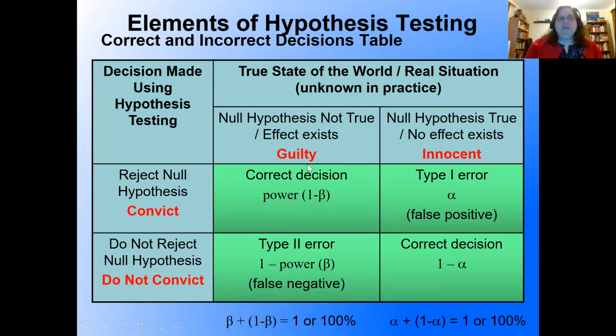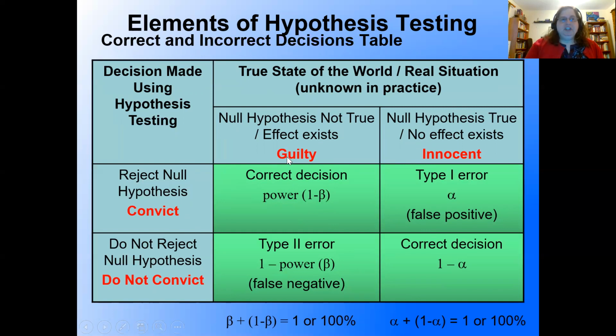Now, the person is truly either guilty or truly innocent. There is some truth out there. You will probably never know for sure which side that it is. You're not going to know for sure whether that person is guilty or that person is innocent. All you can do is make the decision to convict or not convict.